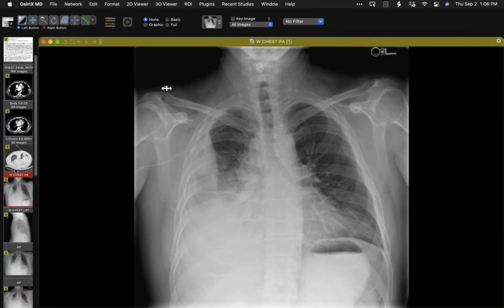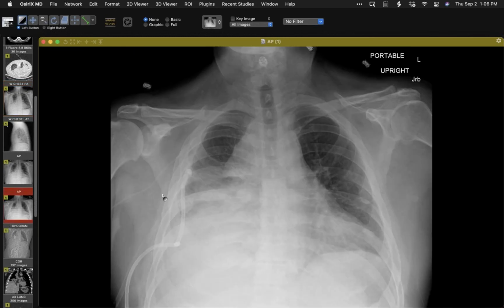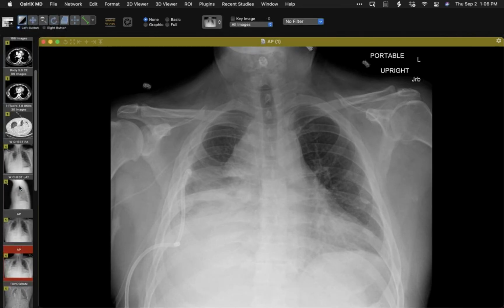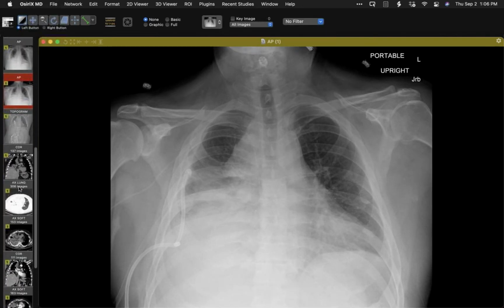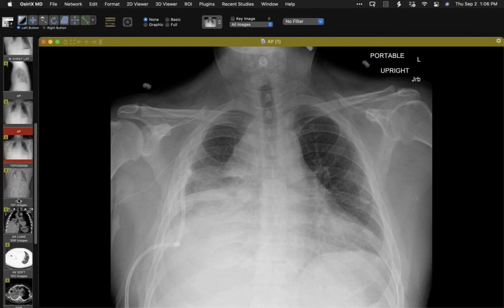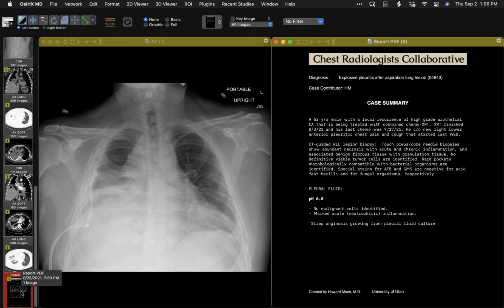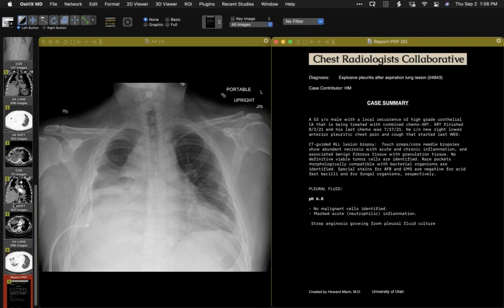Now I will show you that over time they drained the fluid, and you can see the chest tube there. To make a long story short, a diagnosis of explosive pleuritis was made.